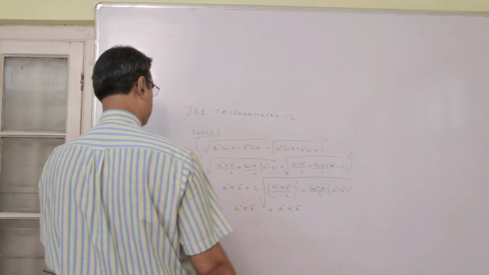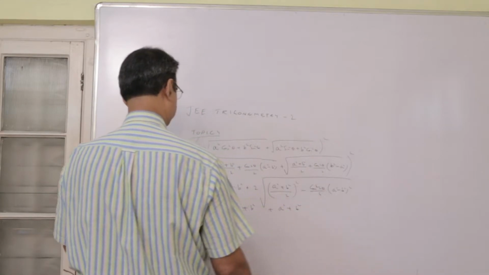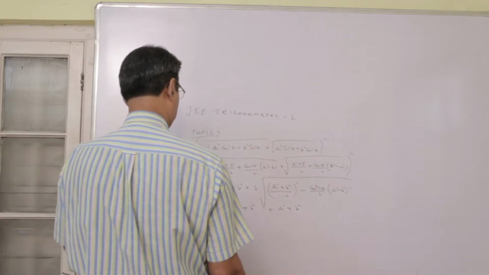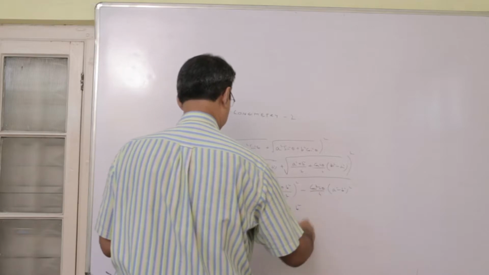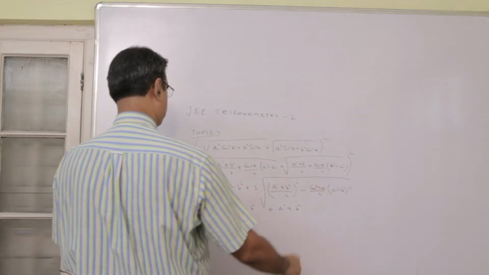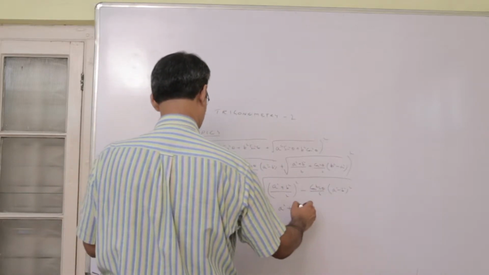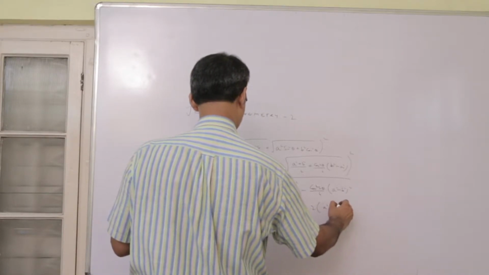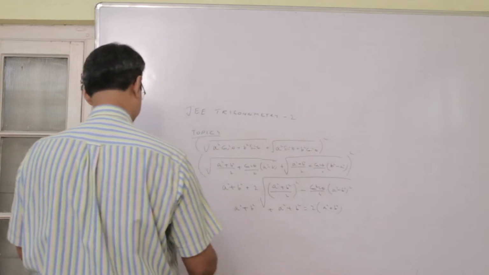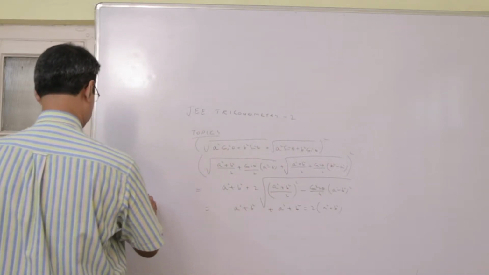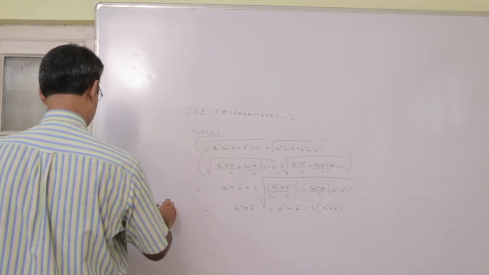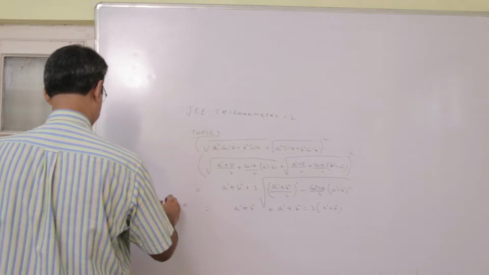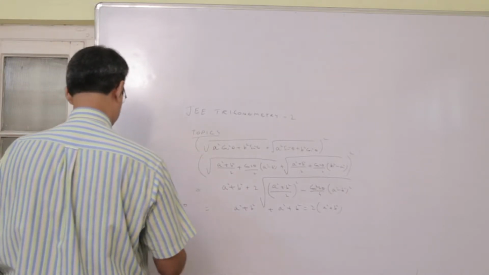If you put cos square 2 theta as plus 1 and the minimum value of cos square 2 theta is 0, so if you put cos square 2 theta as 0, then this is what you will get. This is if cos square 2 theta is 0, then this is what we will get.